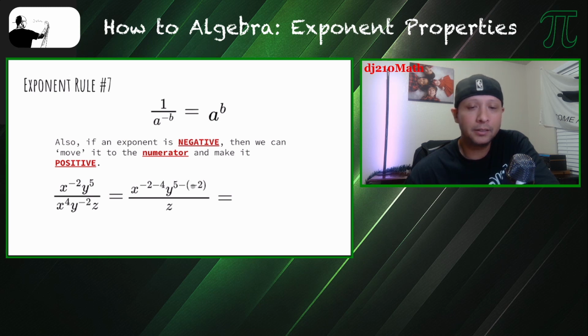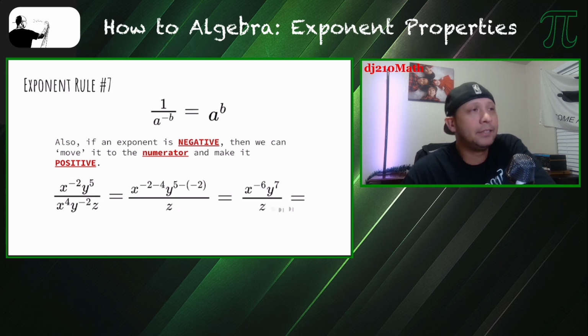And we get x to the negative 6, y to the 7, all over z, right? Z stays behind. There's no negative exponents, and there's nothing common that it can combine with, so z just stays behind. However, x to the negative 6: we don't like negative exponents, right? So we're going to move this to the denominator and make it positive. That's what we did.